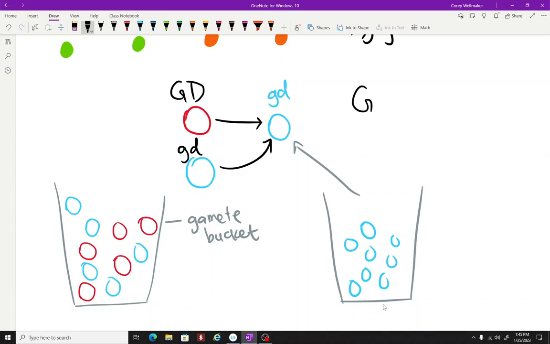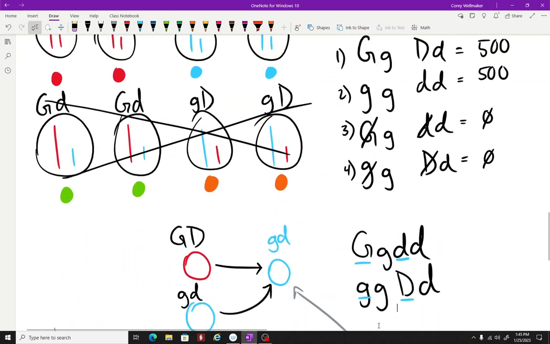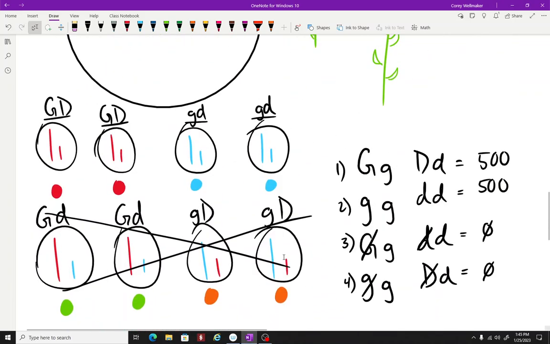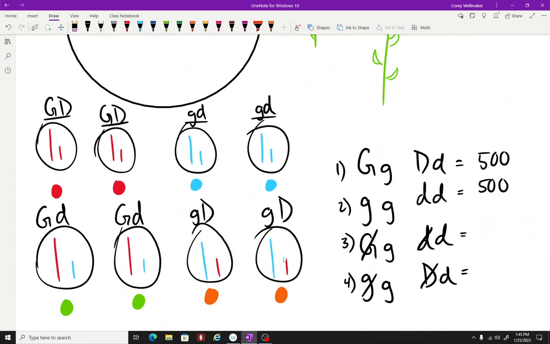But there's no way to produce an organism that looks like this, and there's no way to produce an organism that looks like this, because this combination in the sex cells of the heterozygous parent simply cannot exist. Now the reality is under this scenario, what we would actually see is something more like this.